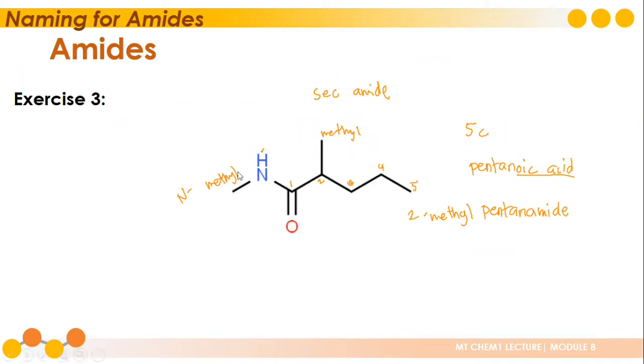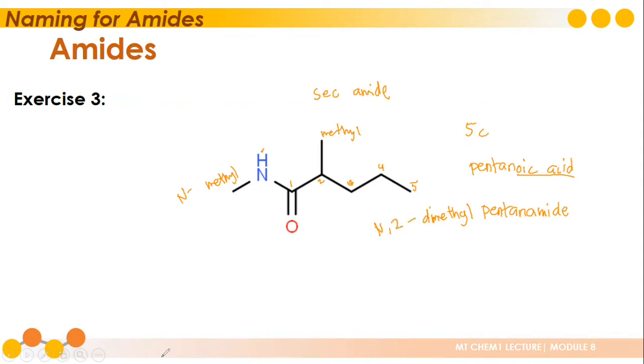Now, since we have 2 methyls as our substituents, we can simply indicate them as dimethyl. And then for their locations, we can separate them by using N and then for this one, we have 2.